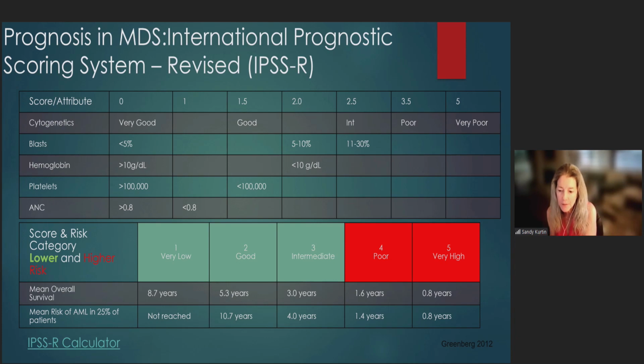Someone with very high risk disease has less than a year to live. We're going to approach those patients in a very different way in terms of very high risk, poor, and very high. We need to start treatment right away. They're more likely to die of leukemic transformation, whereas somebody with very low risk disease is not going to die of leukemic transformation, and we may be able to monitor them without treatment for some time.